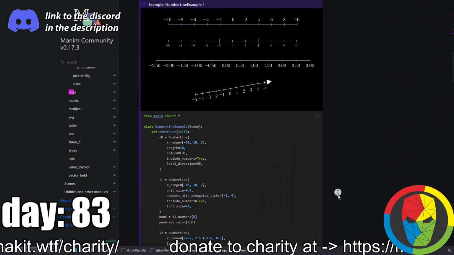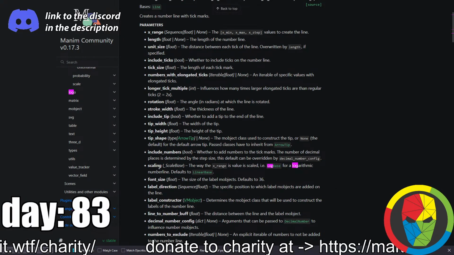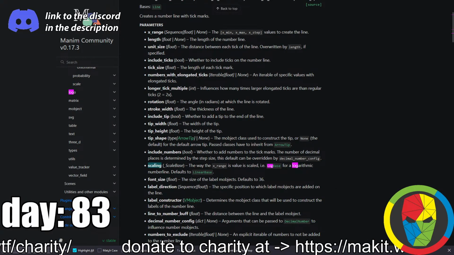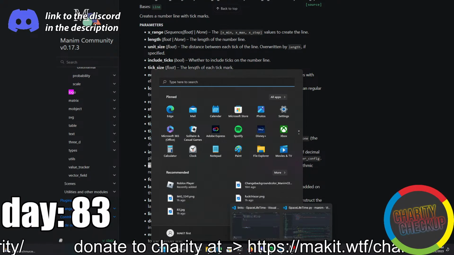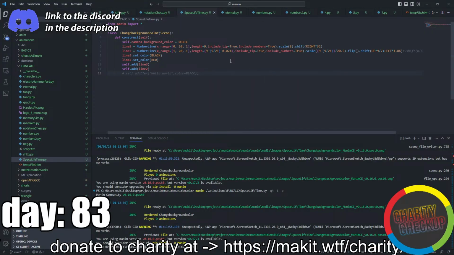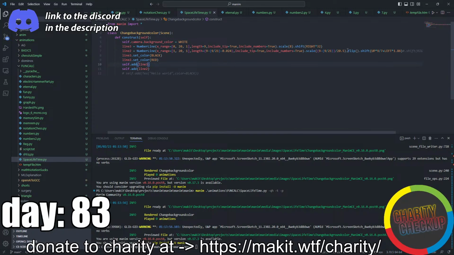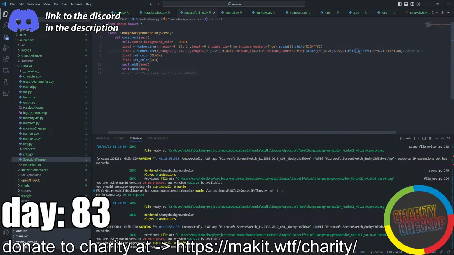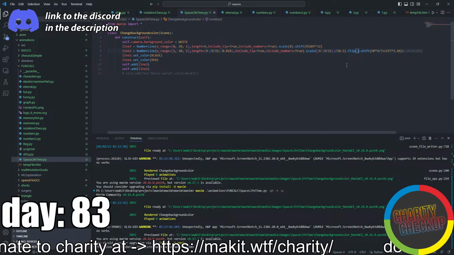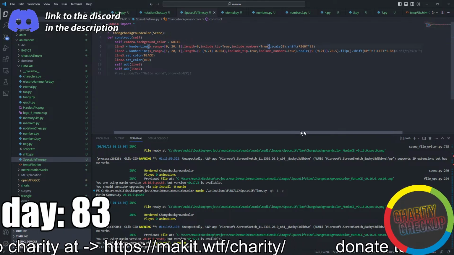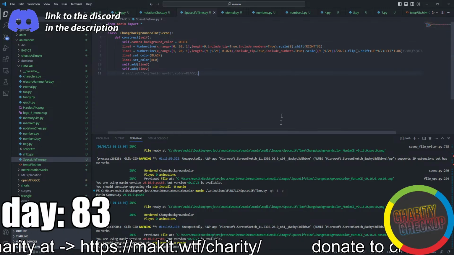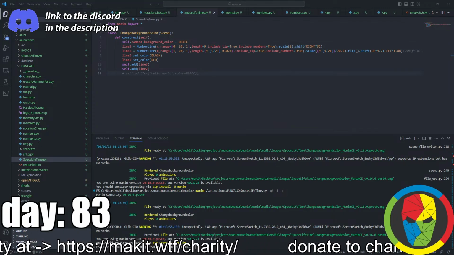So wait, we should just add scaling is equal to this. Yes, so we should probably just add, well, first we should probably save this.